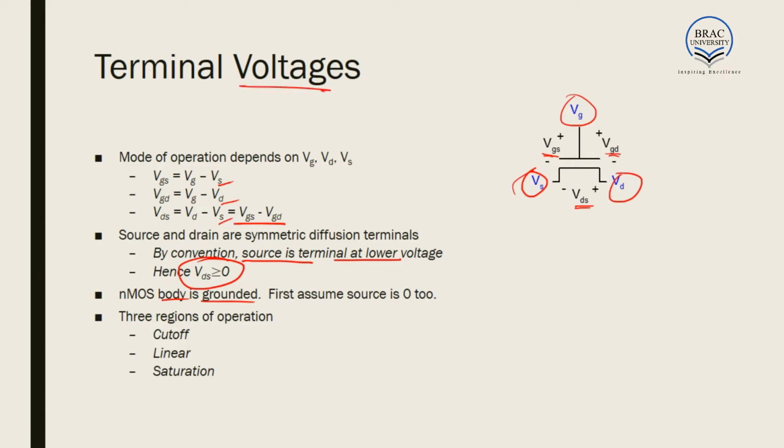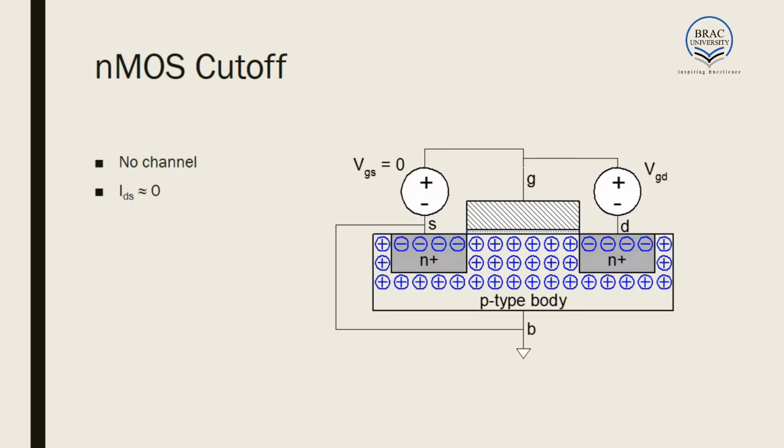So, based on the terminal voltages, there are three modes of operation: cutoff, linear, and saturation. The cutoff mode. In the cutoff mode, the gate voltage or VGS is 0. And as we can see, the source is connected to the ground, so the gate voltage in its entirety is 0. When the gate voltage is 0, that is Vg is less than Vt, Vgs is less than Vt, what happens is there is no inversion region created.